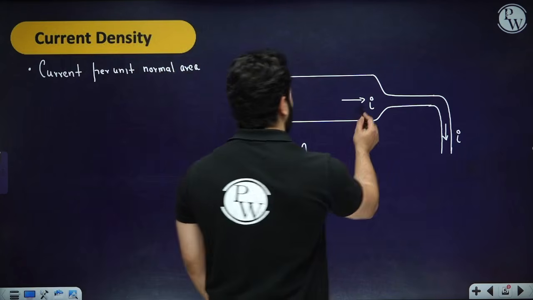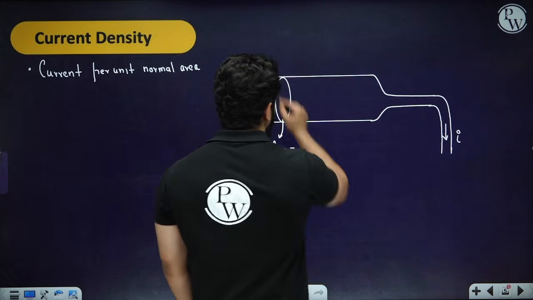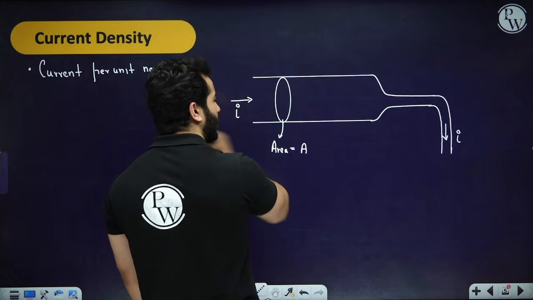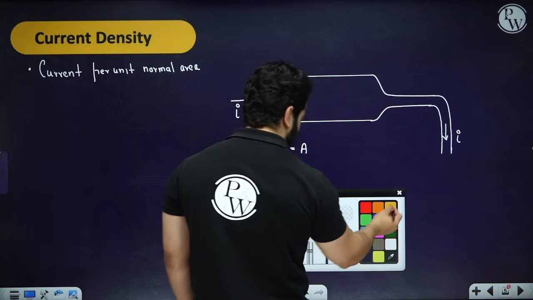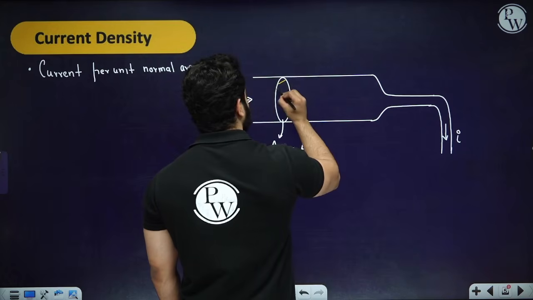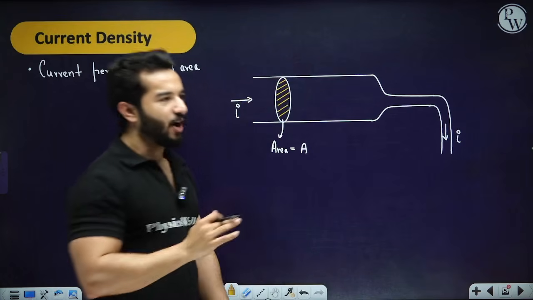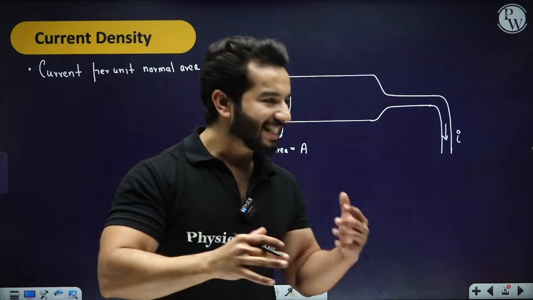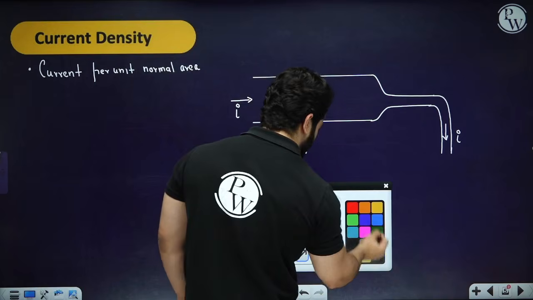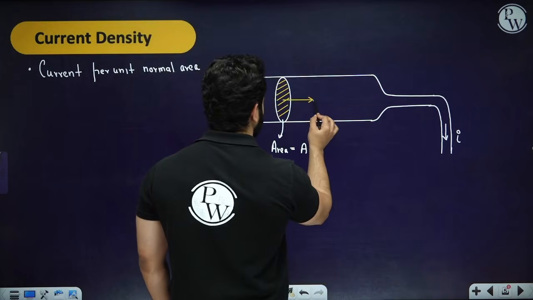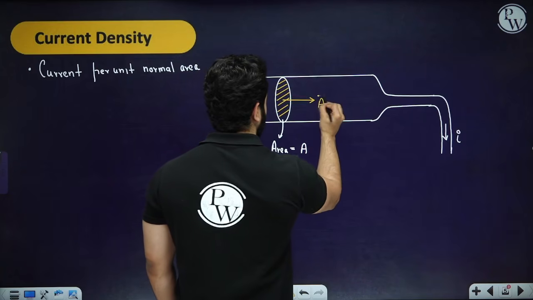Now, let's look closely at this area. This has area A. Hopefully by now everyone knows that area is actually a vector quantity, so this is the vector quantity A, right?